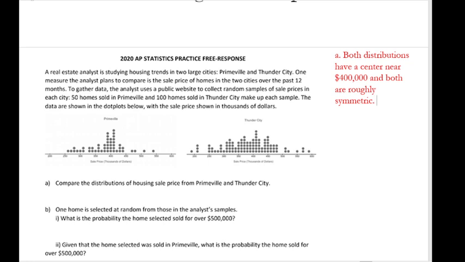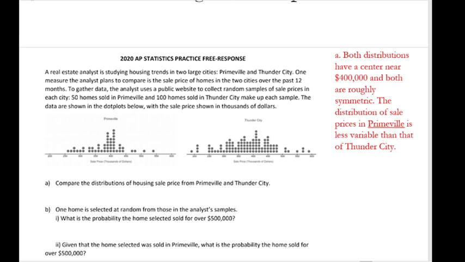So we would say the distribution of sale prices in Primeville is less variable than that of Thunder City. And looking at this, we've got a range. It goes from about 250,000 here to about 500,000.